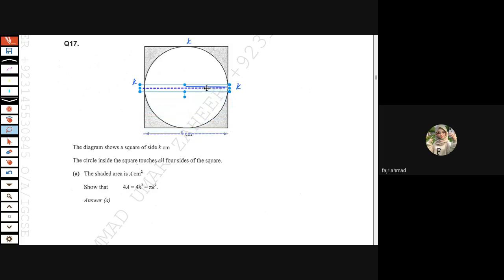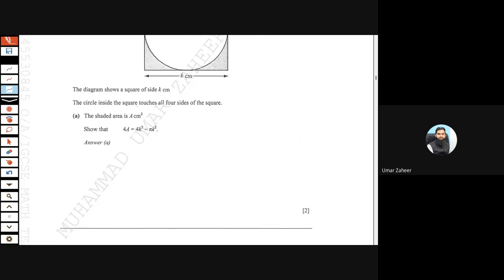Yes. So we want to find the radius. So what we have to do, we have to take the half. So the radius will be k over 2. Okay, now he says that the shaded area is equal to this one. So first of all, we need to find the shaded area.